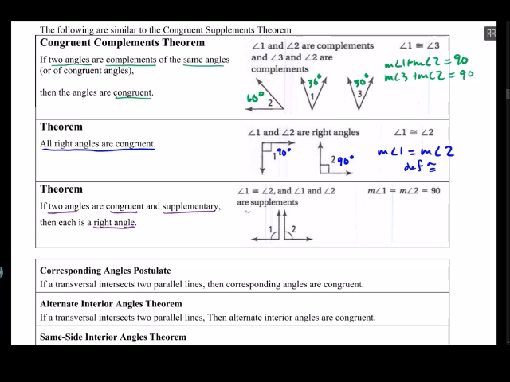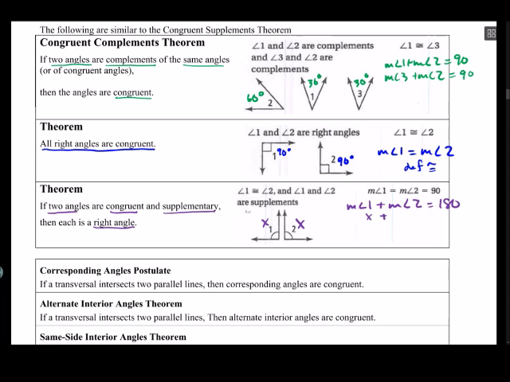And this should make perfect sense as well. We have two angles. We know that they are supplementary. Measure of angle 1 plus the measure of angle 2 equals 180 degrees. Well, we also know that those are congruent. So if I say the measure of angle 1 is x degrees, then the measure of angle 2 has to be x degrees.